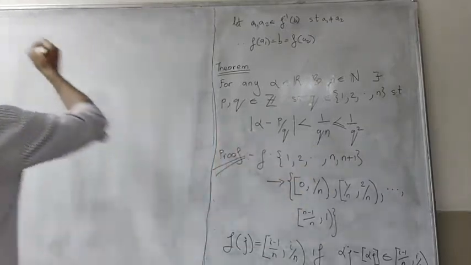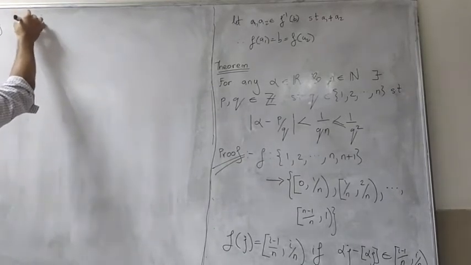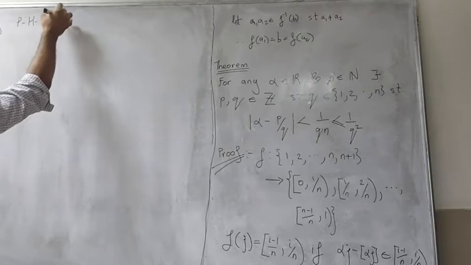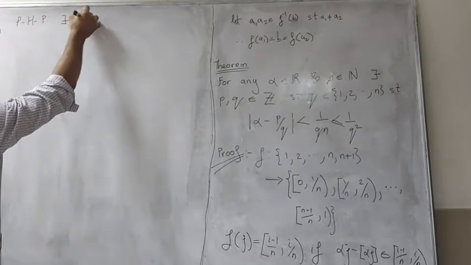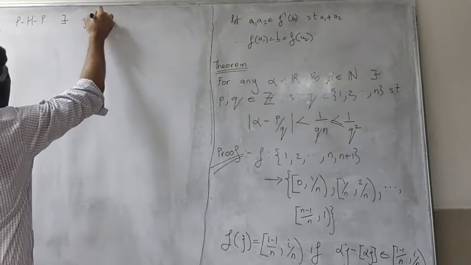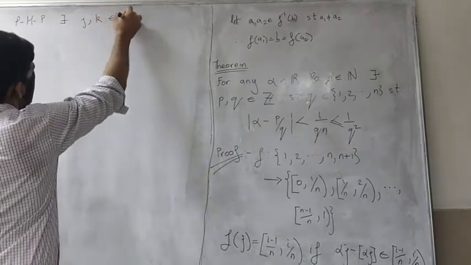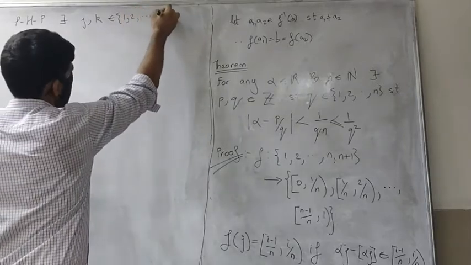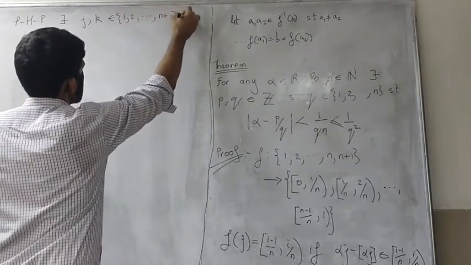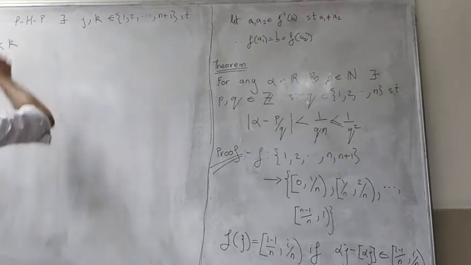Okay, so by the pigeonhole principle, there exist j and k that are different. Let me keep j less than k, we'll see why.